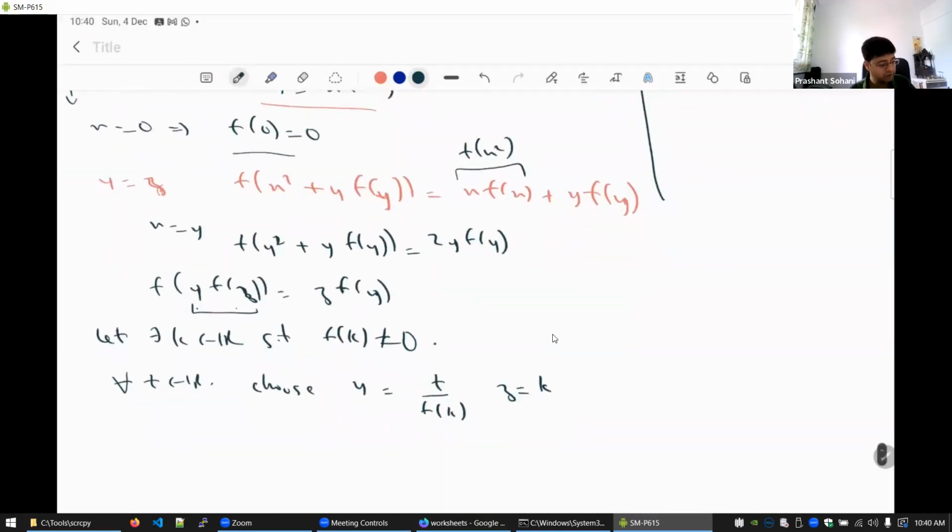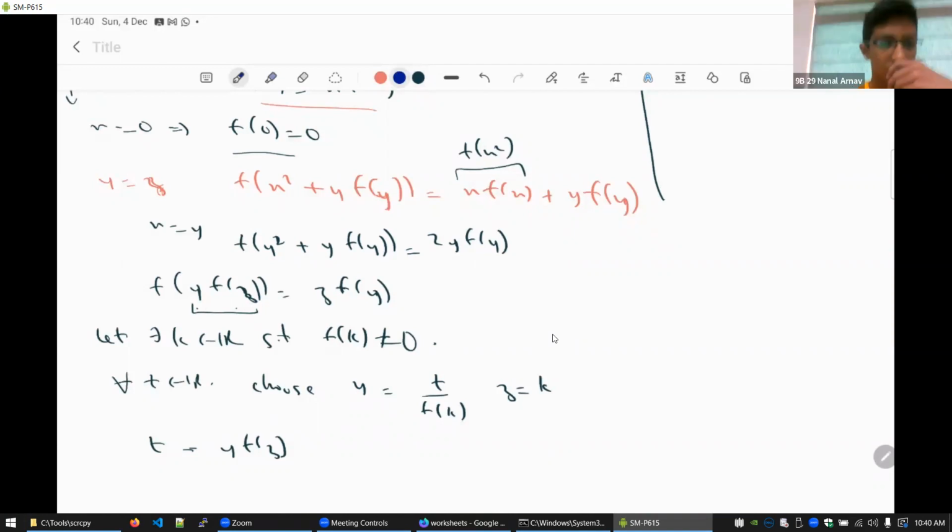If I make this choice, this y f of z will be equal to t. Okay. So what is the point of doing this? By the way, here again, notice how there is a slight asymmetry between y and z. So how can we exploit that asymmetry?